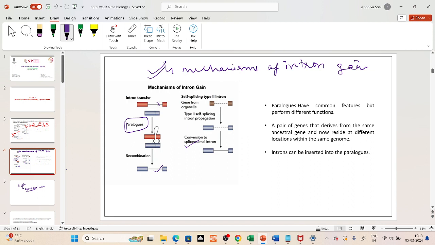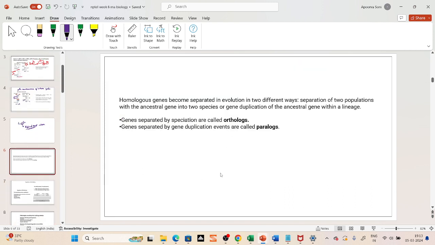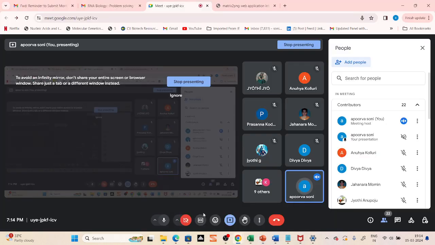Now comes the other important point, that is what are paralogs. Okay, so for this I'll go to the next slide. Can anybody tell me what are homologous genes, or what is the meaning of homologs? Any general definition of what homologous means?